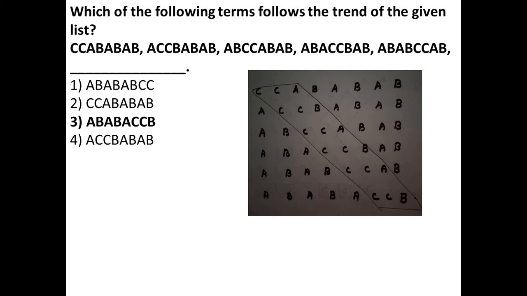From this itself we can find, but also check for the other C. CCA, CCB, CCA, CCB, CCA, and obviously next would be CCB. So this is the right option. Anyway, check for after CCB you should get AB, AB, A. So after CCB, AB, AB, A. That is the right option.